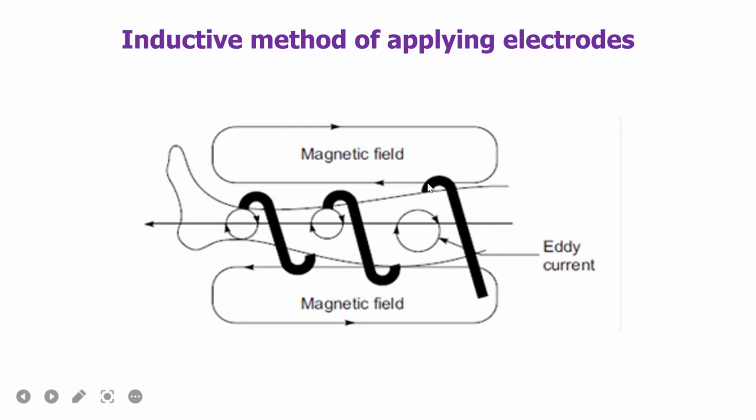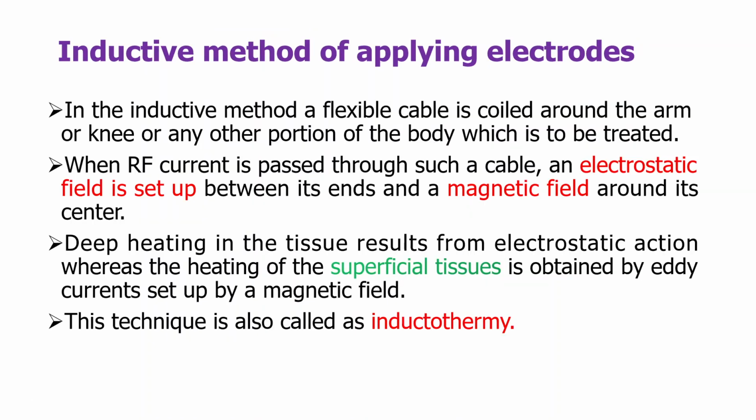The electrostatic field is around the corners. At the center we have the magnetic field. The flexible cable acts as a coil that is wrapped around the arm or knee, so easily we can surround the areas to be treated.